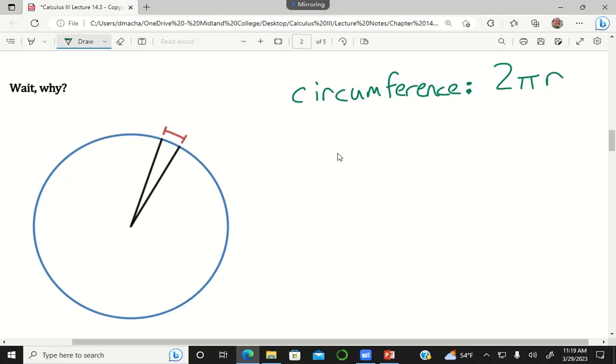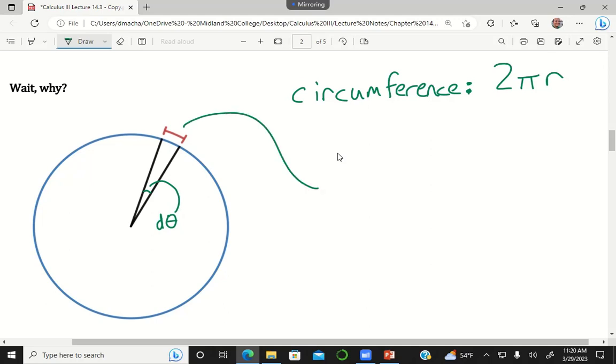So if I wanted to find the length of this little red segment, one thing I would need to know, or one thing you might be given, is the angle here. Let me just say this angle is d theta. That's going to be what I name my angle, just to say that this is a little tiny sliver of an angle, d theta.